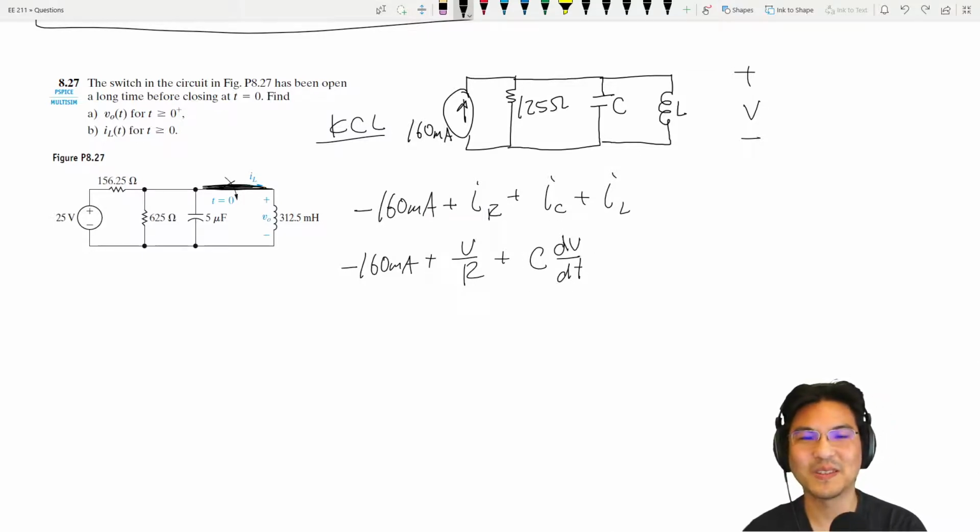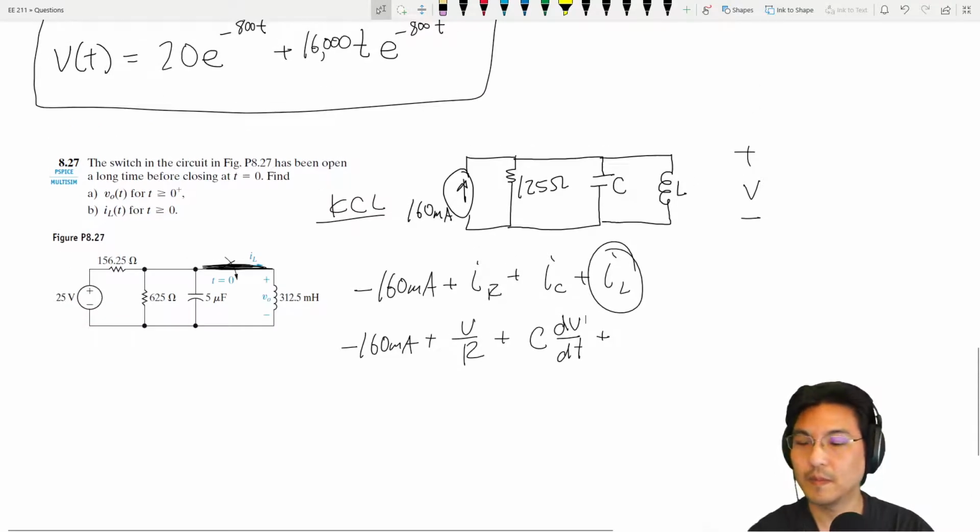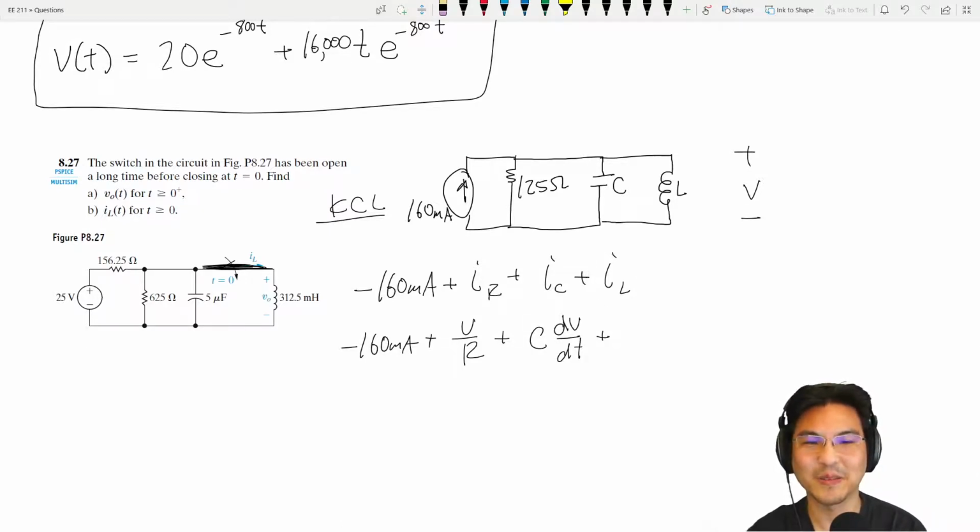And then plus, for the inductor, we are trying to solve for that, right? That's actually the question. Oh, I forgot to write equals 0. Okay, that's what we're trying to solve for.